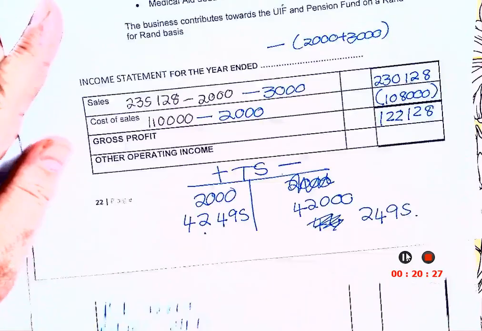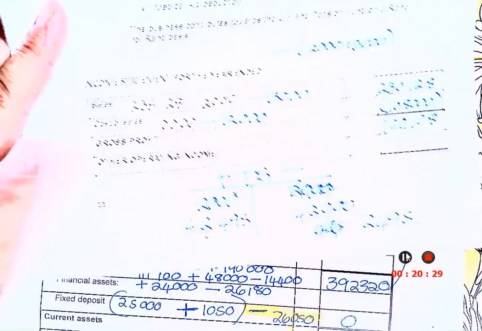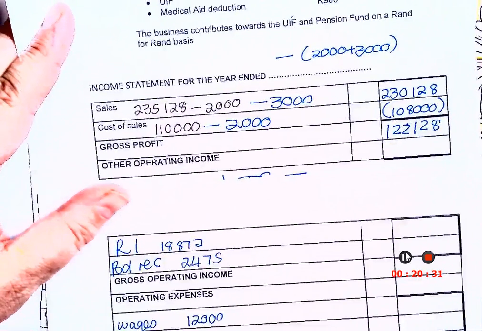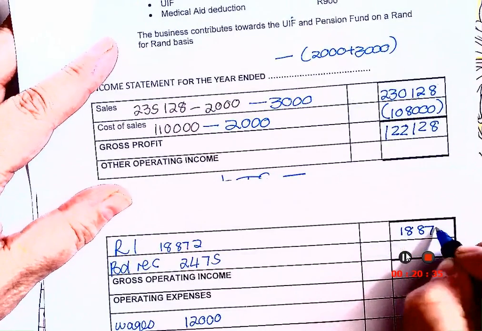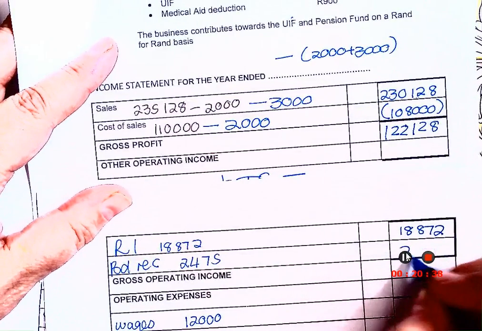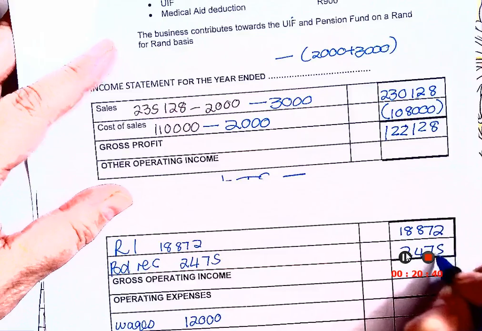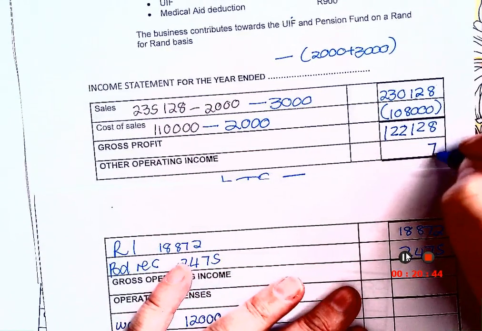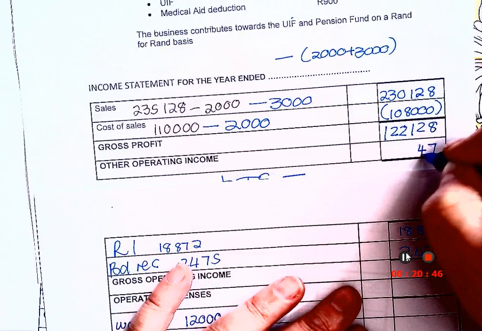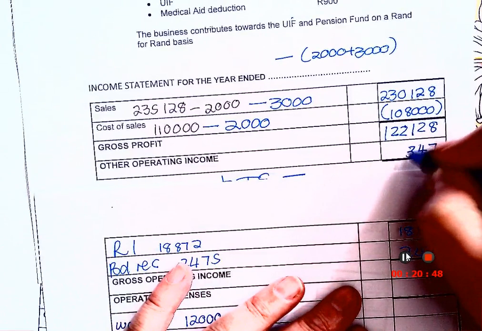Income: the rent didn't change, the bad debts recovered didn't change. So I block and total, and it gives me 7, 14, 13, 11, 2.